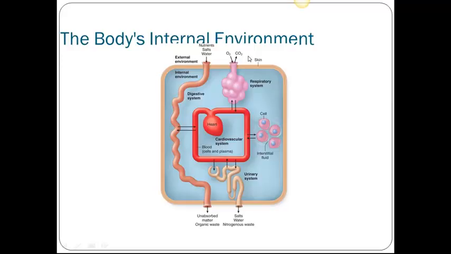Carbon dioxide is given off into the external environment. We also have nutrients, salts, and water that come through our digestive system and are absorbed into the bloodstream, transported by cells to the muscles or organs that need the nutrients, and then are used for energy and converted to ATP.